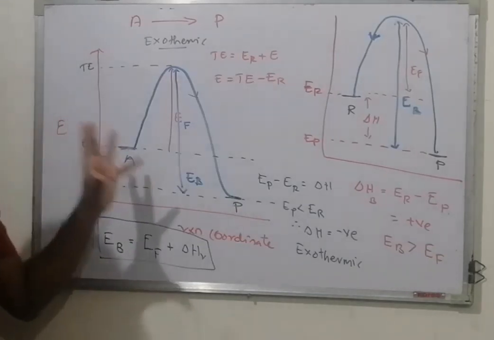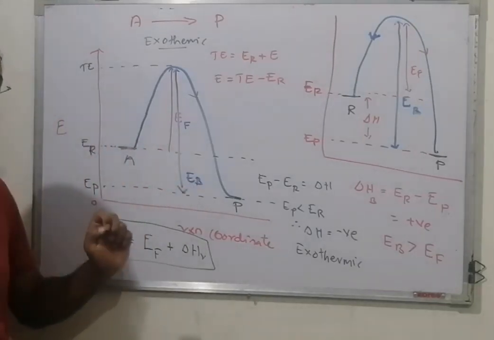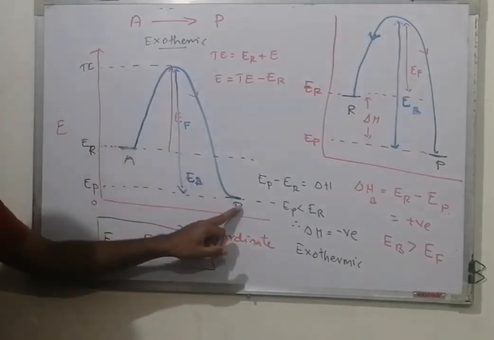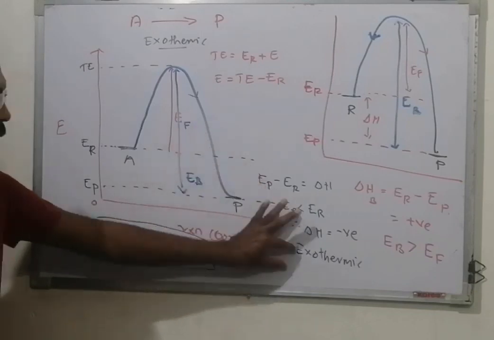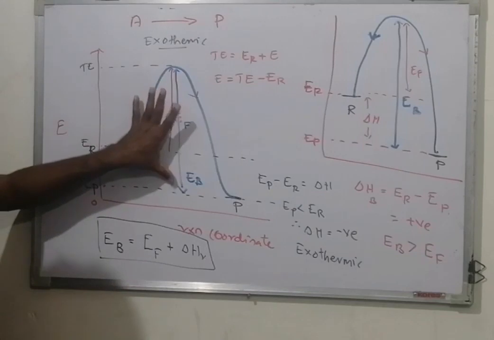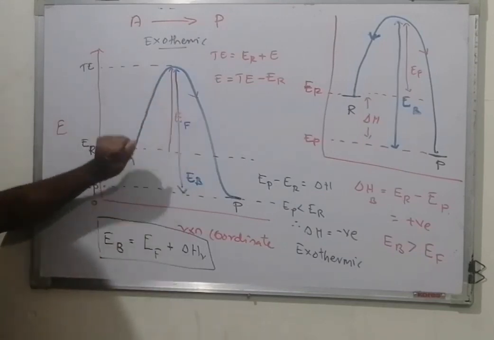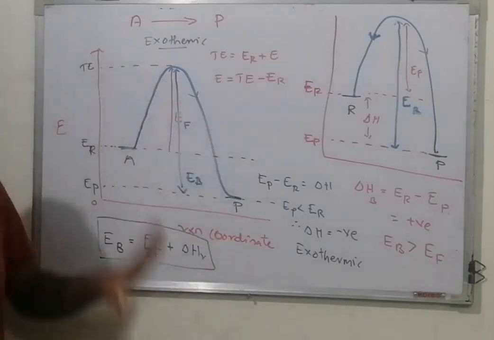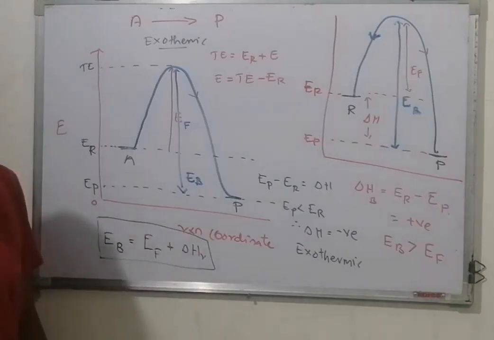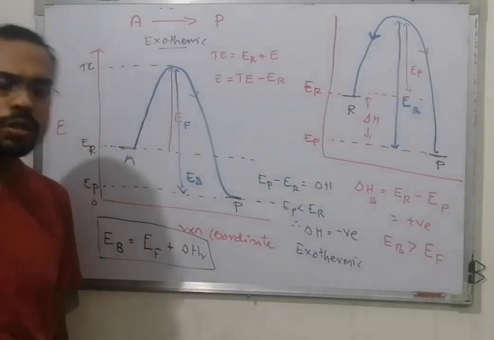The minimum activation energy of backward is the enthalpy of reaction. Now, these graphs are very important. If you draw an exothermic reaction, please draw reactant up, product down. Enthalpy of reaction will be negative. Activation energy of forward will be smaller than activation energy of backward. Activation energy of backward is equal to activation energy of forward plus enthalpy of reaction. That is for an exothermic reaction.